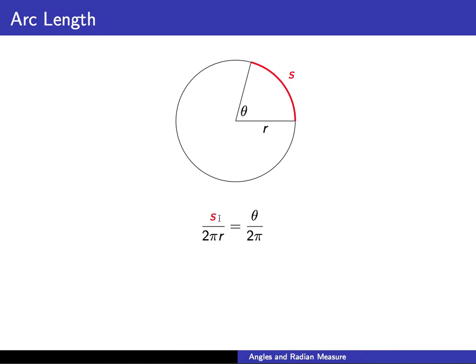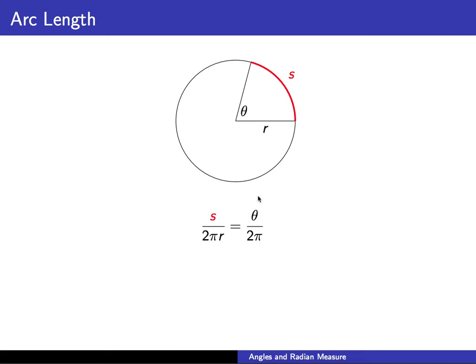So this s over 2 pi r, this amount of our slice's crust compared to the entire crust of the pizza, is going to be proportional to theta over 2 pi, where theta is the central angle our slice makes, and all the way around the circle is 2 pi radians.